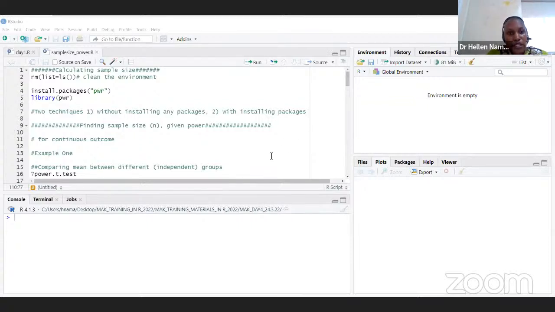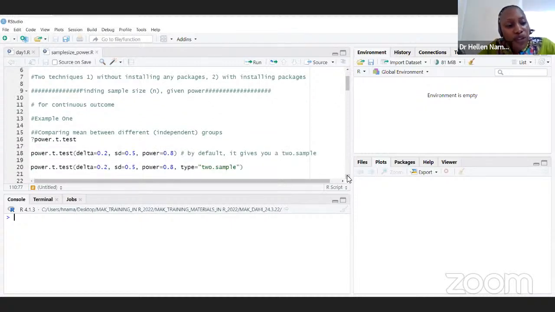All right. Okay, let's continue. So here we've got two techniques that we are going to use. One, without installing any package, and then what about in case we need the functions that are inside the PWR? We're going to see that later. But let's first start with the first example, where we want to use the power.t.test command.